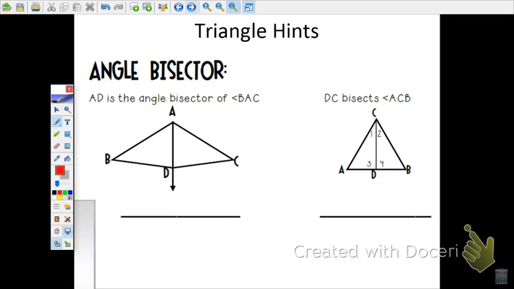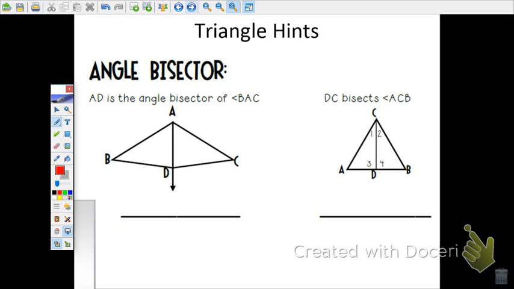And then angle bisector, which again is something that we learned in our first unit. Angle bisector, we need to look carefully at what is being bisected. So it tells us that AD is the angle bisector of angle BAC.